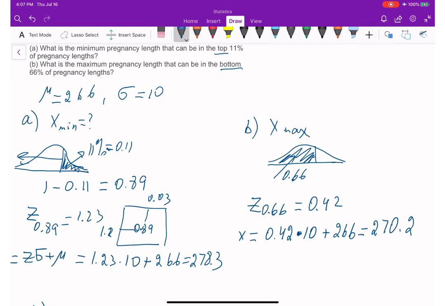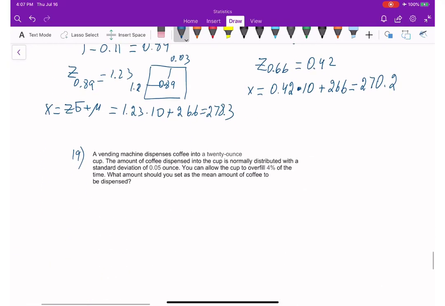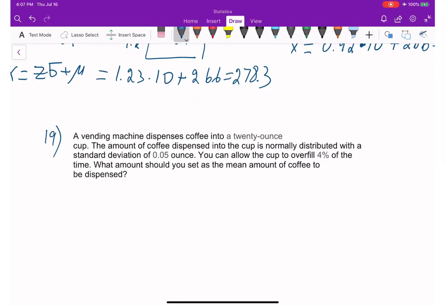Next one, number 19. A vending machine dispenses coffee into a 20-ounce cup. The amount of coffee dispensed into a cup is normally distributed with a standard deviation of 0.05 ounce. Do you see the business examples, how much you can benefit from the statistical problems?